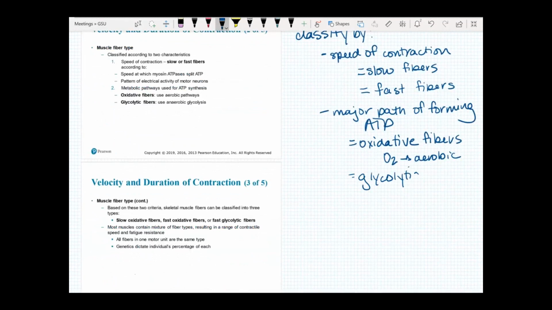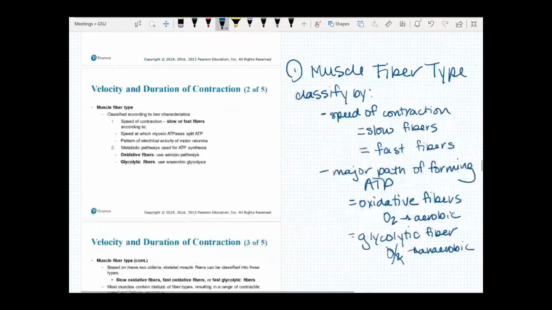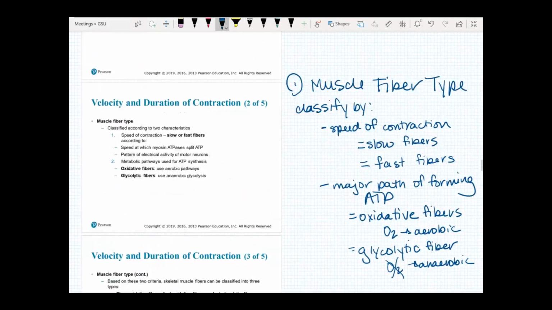And a glycolytic fiber is going to be without oxygen. So it is going to be the anaerobic pathway. So we can name our muscle fibers based on their speed and based on how they make ATP. So it can be a slow or a fast, or it can be oxidative or glycolytic. So this is an important thing to know with these.